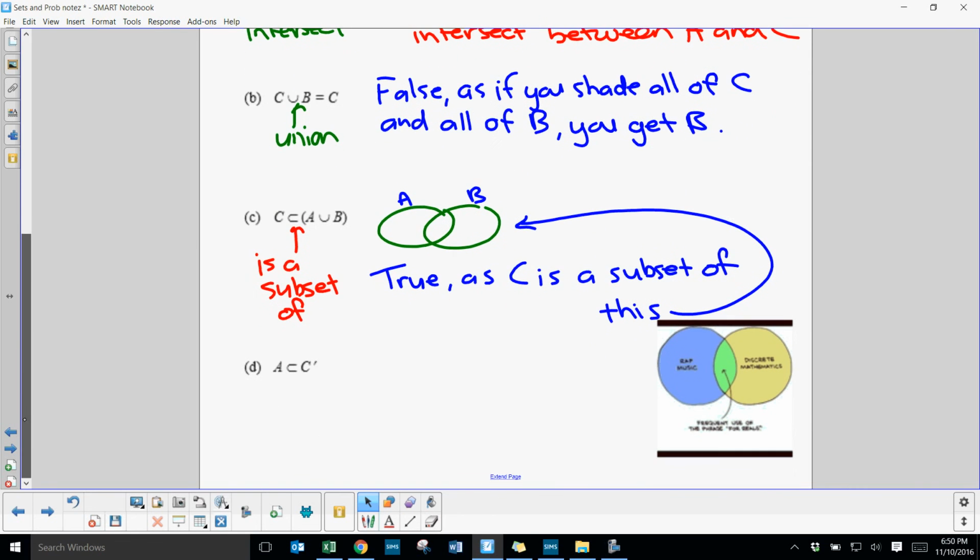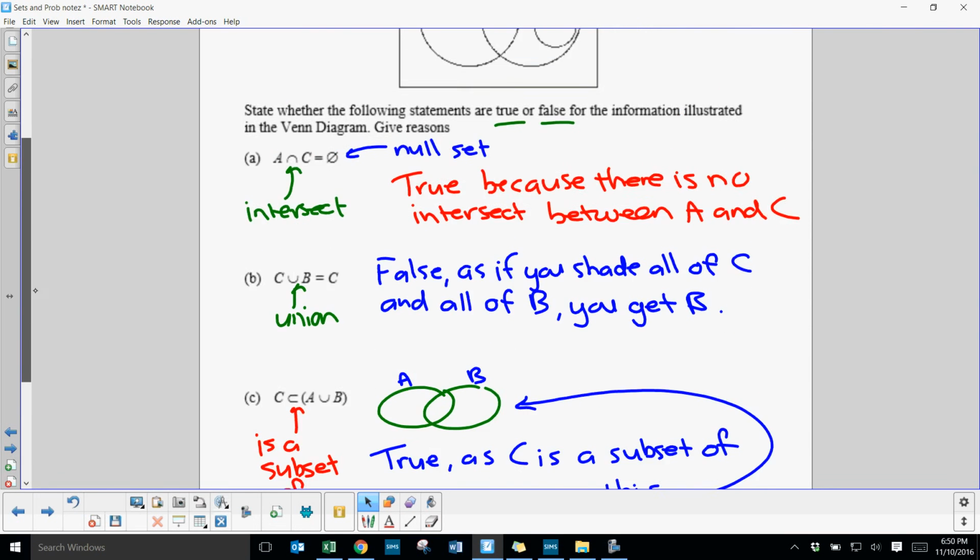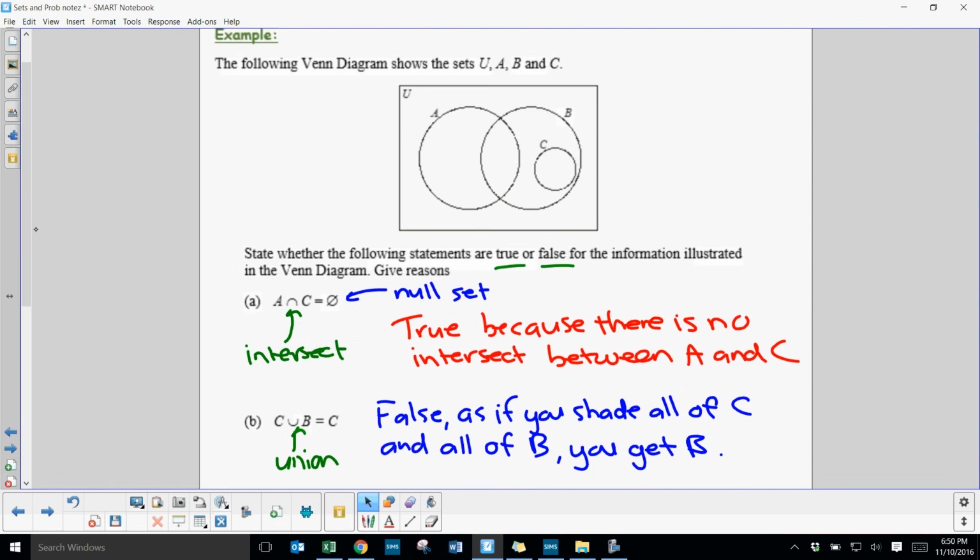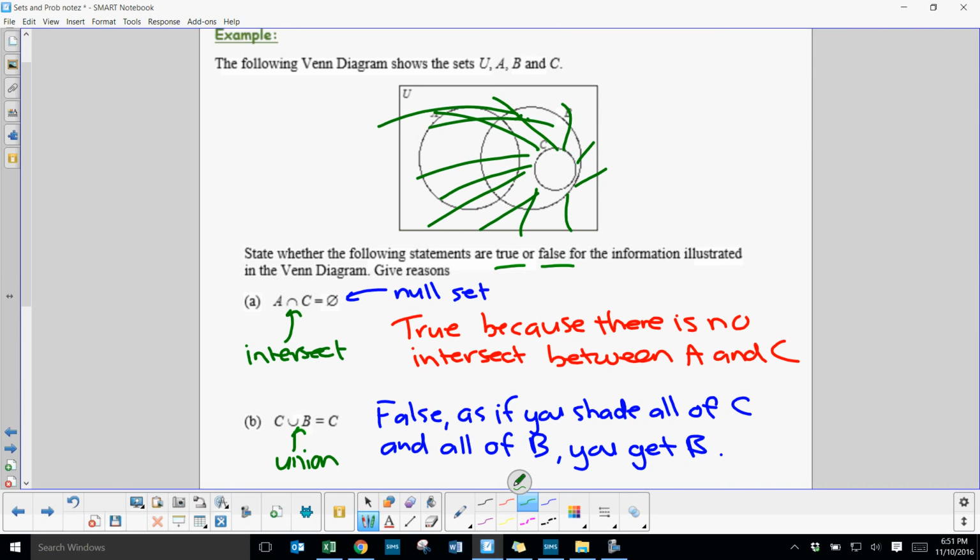The last one is A is a subset of not C. So that's a bit tricky. Let's look at the Venn diagram. Not C is all of this outside of C. All of the outside of C. And A, as you can see, is being shaded when we shade all of that.